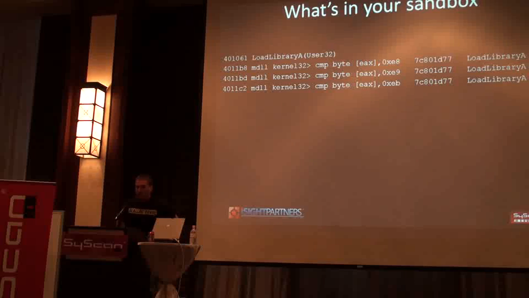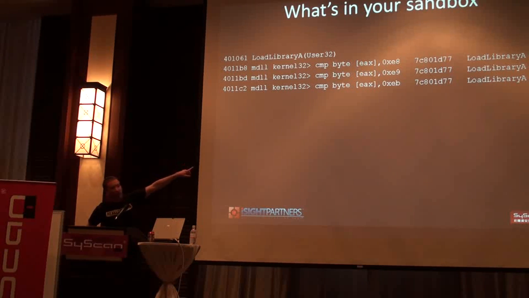Also, a quick aside here. A lot of the samples that I see daily that are run in sandboxes are checking to see if you have modified the library calls at all. So this sample here, this is just some output. It's actually comparing the beginning of LoadLibraryA to see if there are any jumps. Okay? And if there are any jumps, it does something different, which is bad.